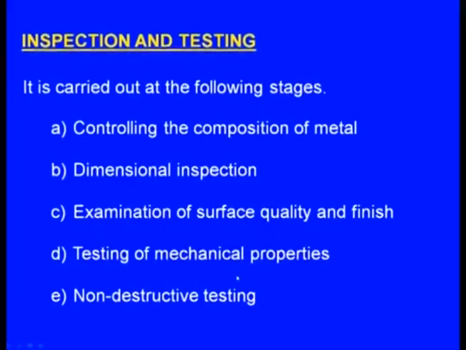Next we have seen non-destructive testing like visual inspection, radiographic inspection, magnetic inspection, ultrasonic inspection, liquid penetrant inspection, and eddy current inspection. So, with this we have completed inspection and testing.